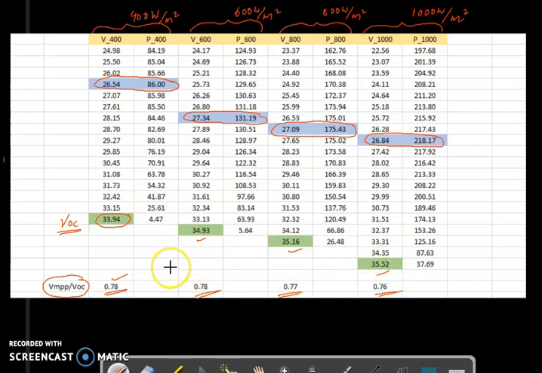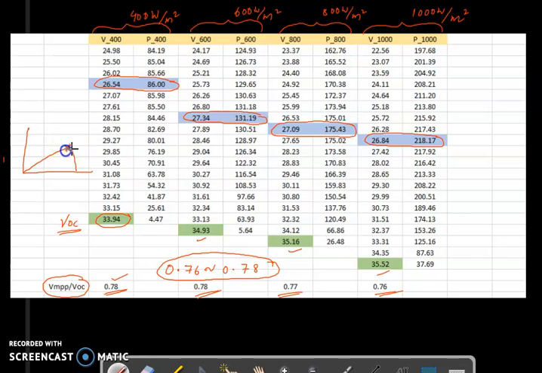That means the value of the ratio between the VMPP and VOC is between 0.76 and 0.78. So with this relationship we can easily obtain the peak of any solar panel.